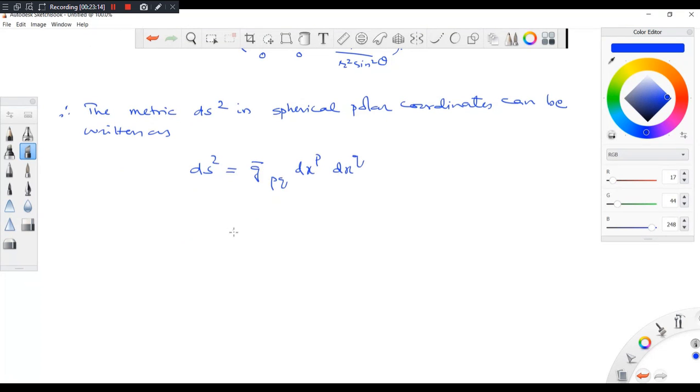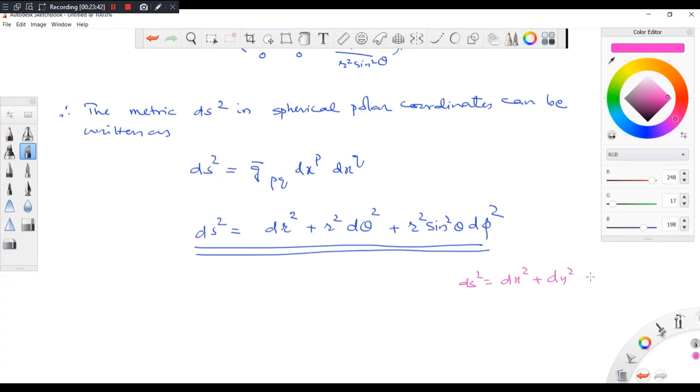So that's equal to dr square plus r square d theta square plus r square sine square theta d phi square. So this is your metric. Okay, so you should distinguish: in Cartesian coordinates ds square is equal to dx square plus dy square plus dz square. So when you change to polar coordinates, I'll get this metric. So that's the difference.